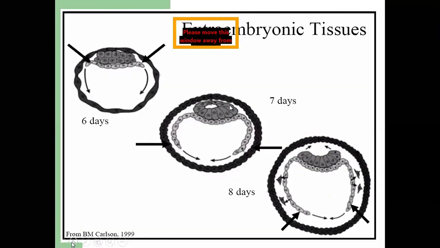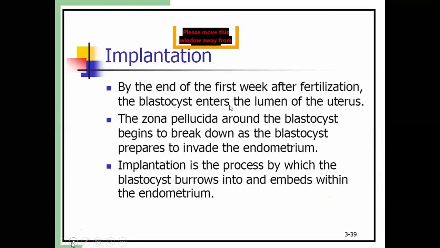The extra embryonic tissues will be composed of the amnion, the chorion, the allantois, and these are the extra embryonic tissues, and we will have a separate discussion on this.